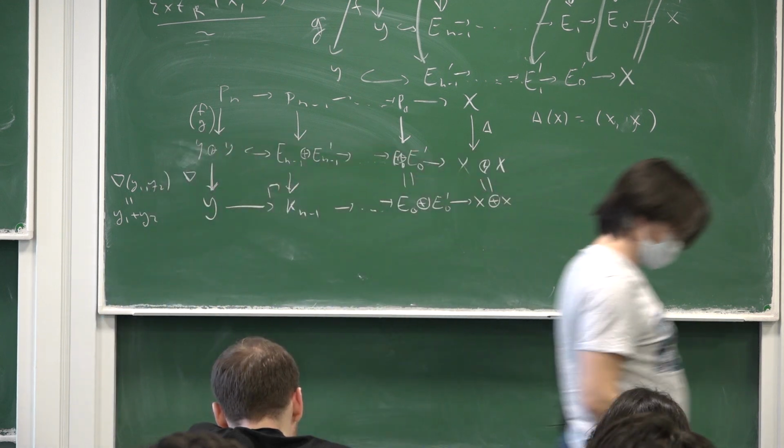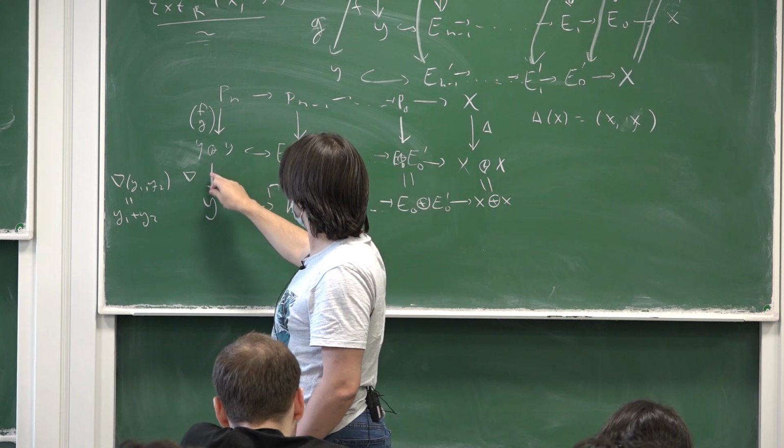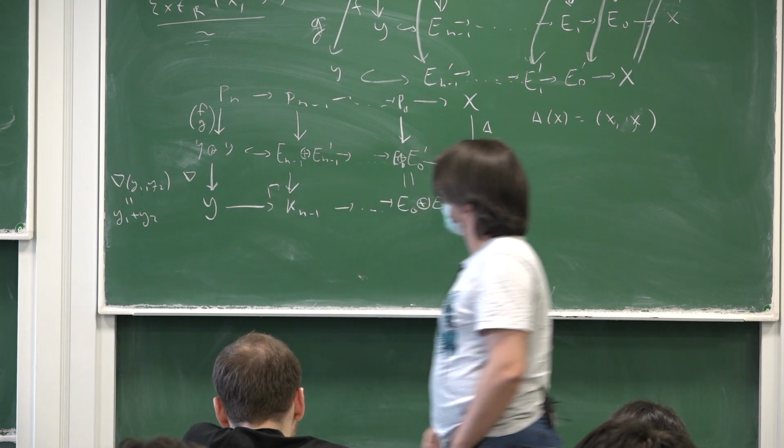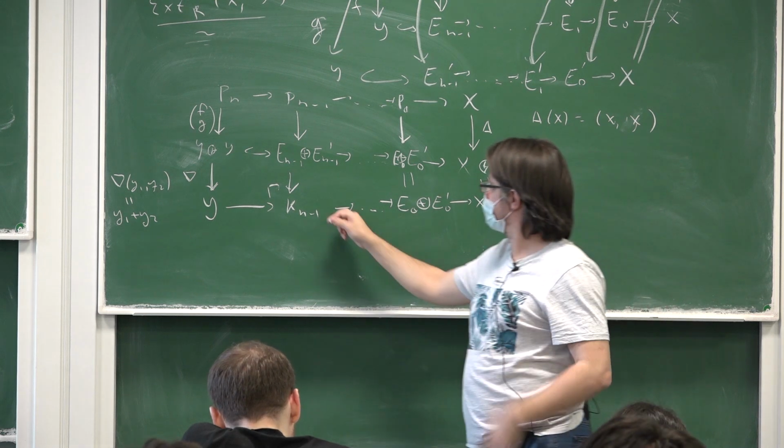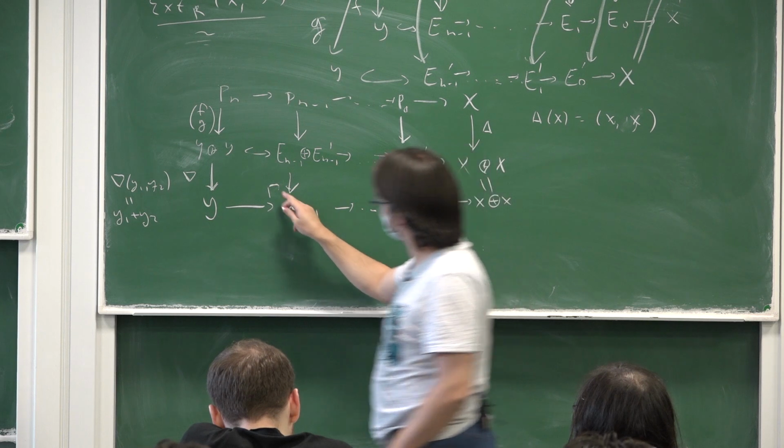We construct the pullback of this and these arrows, and then we will get this arrow by not pullback, push out.